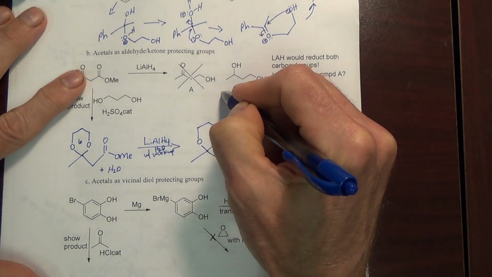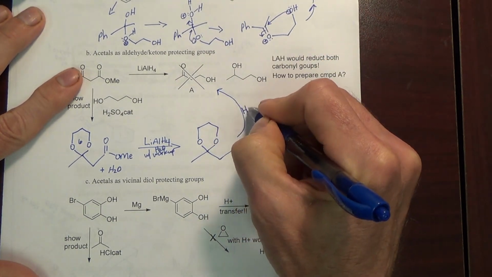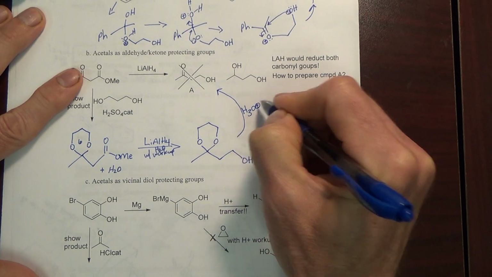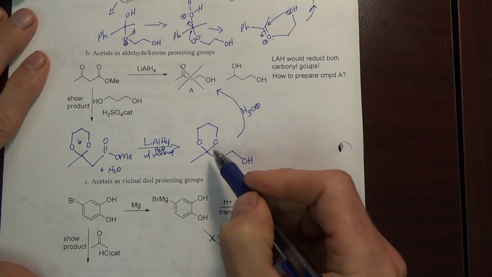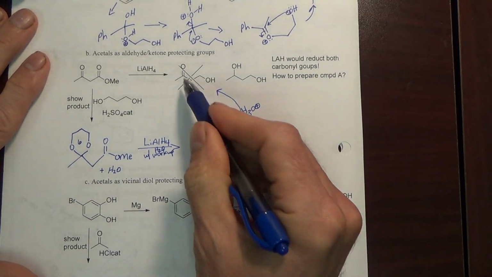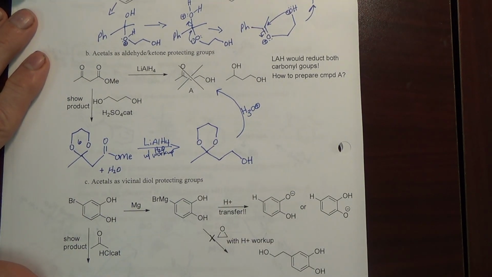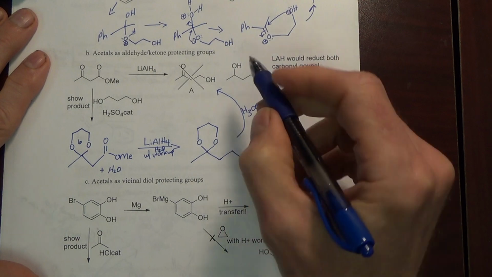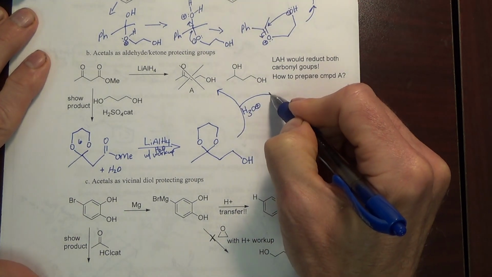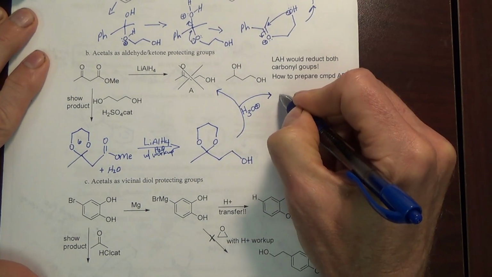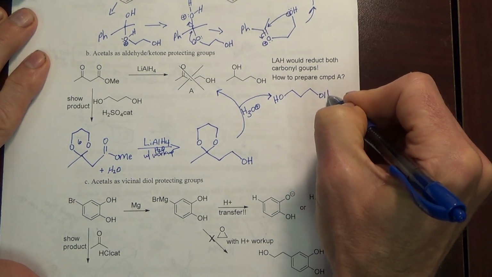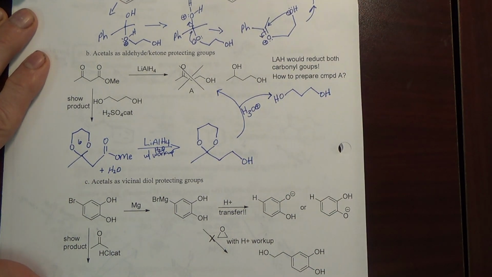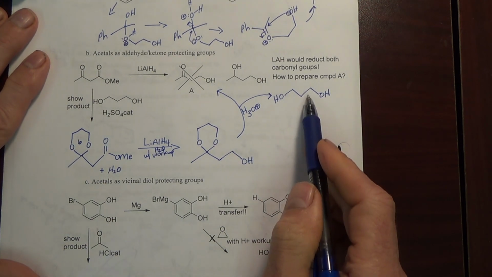Now if we take this and treat it with H3O plus, we can hydrolyze the acetal back to the carbonyl compound, and this will release, in this case, the diol. This is just the diol that we used here.